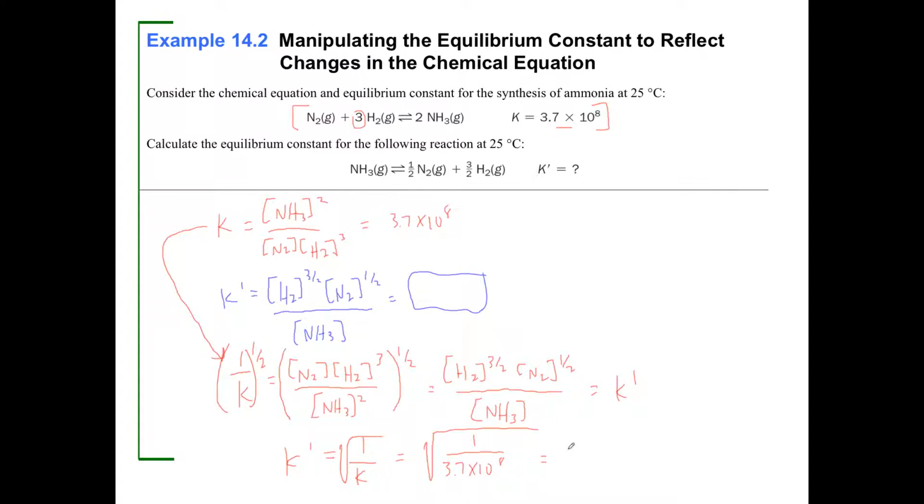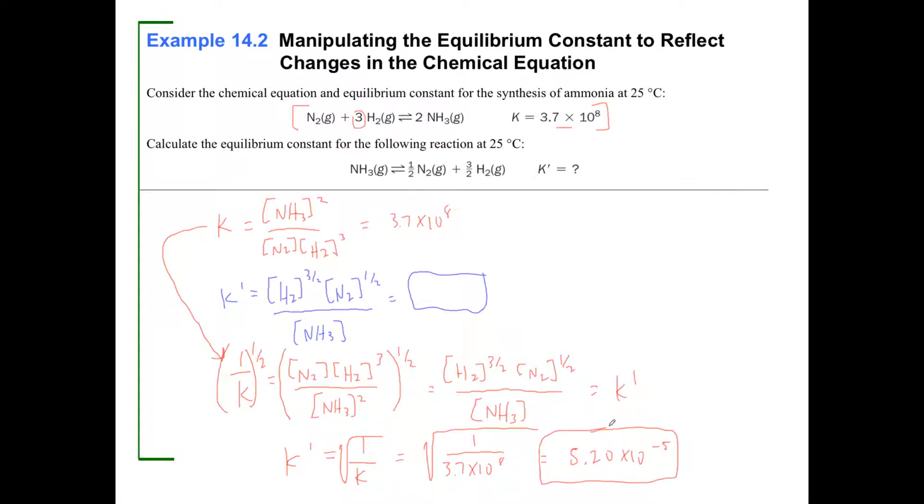Okay, and so I get 5.20 times 10 to the minus 5. All right, that's what K prime is. 5.20 times 10 to the minus 5.